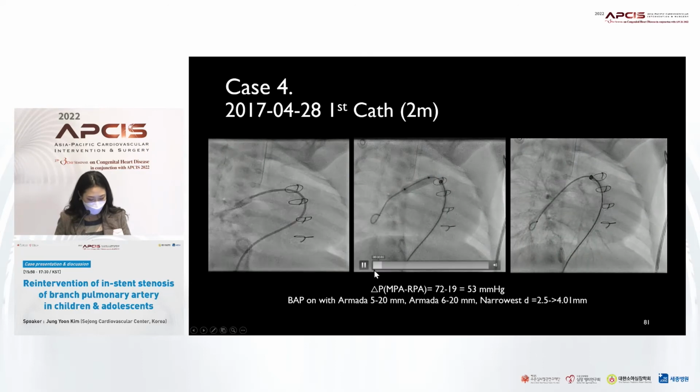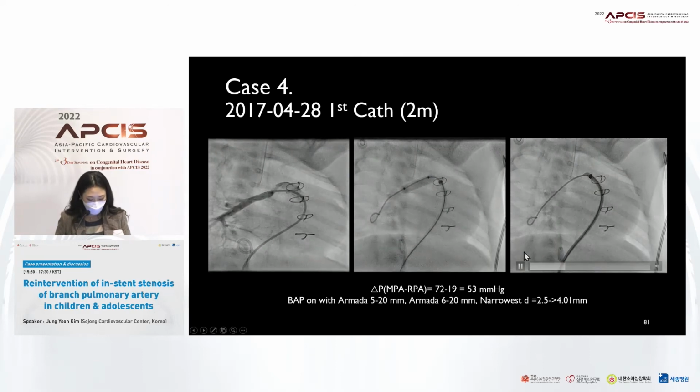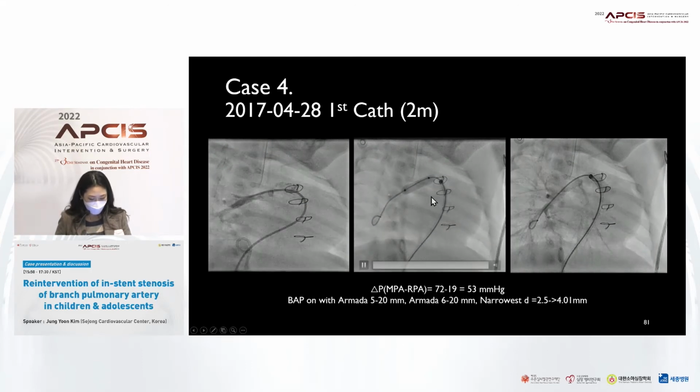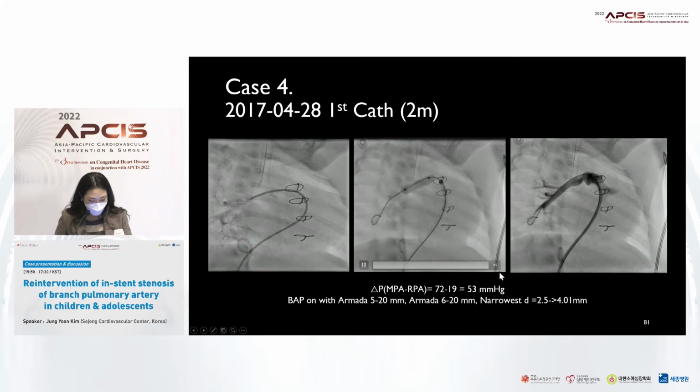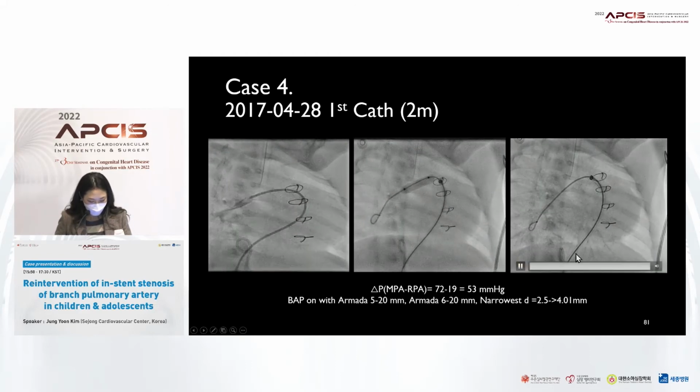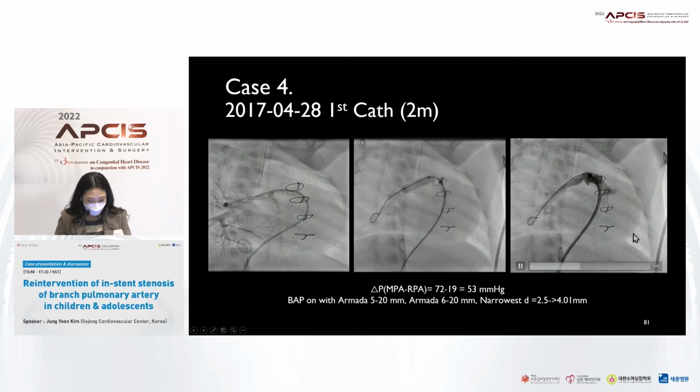The first cath was performed at the age of 2 months. Selective RPA angiography shows severe RPA stenosis with hypoplasia, and you can see very hypoplastic LPA also. So balloon angioplasty was performed using 5 and 6 balloons effectively.